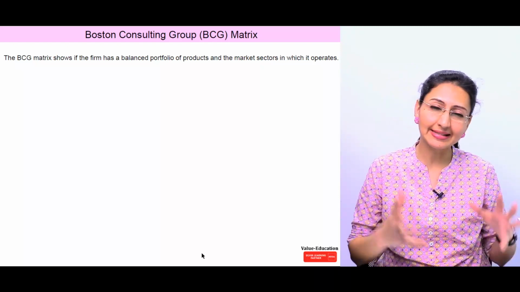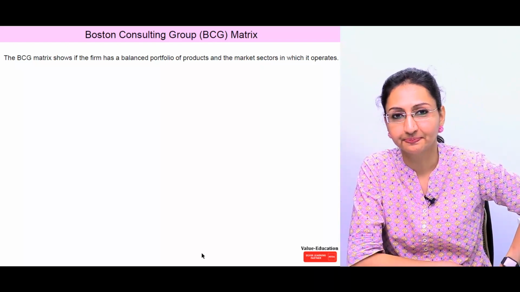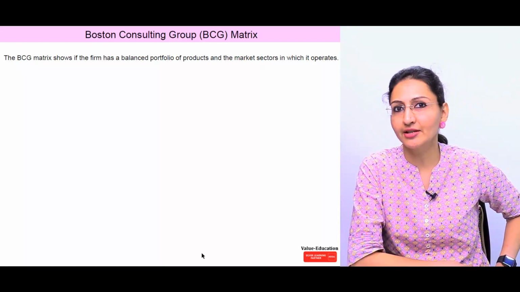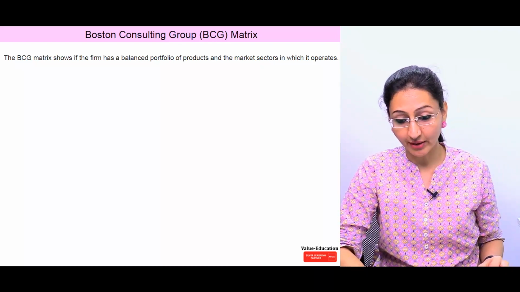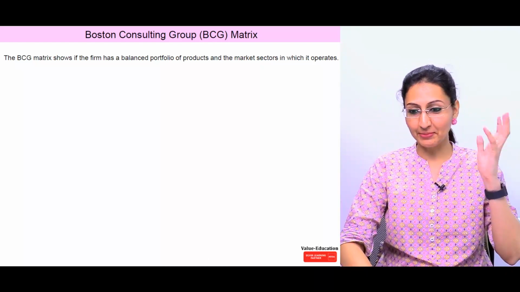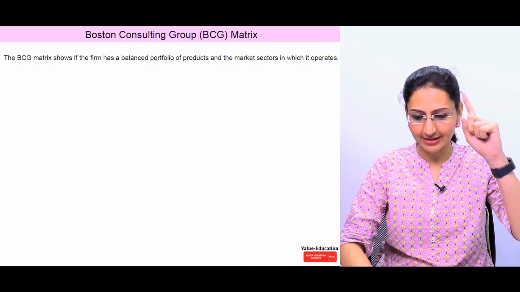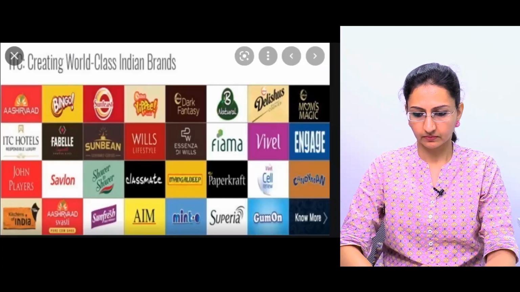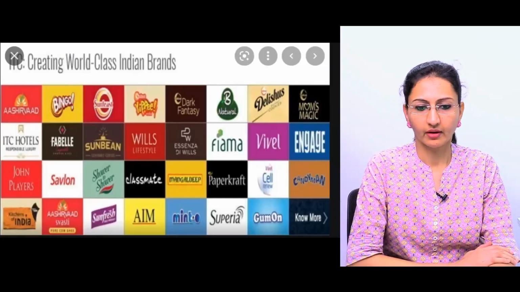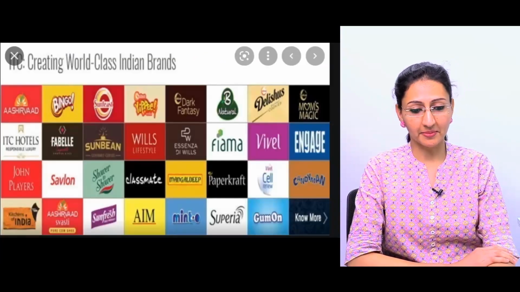That means, let's take an example of ITC Limited. ITC Limited has got a portfolio of products. Let me show you that screen so that you understand which ITC Limited I'm talking about. Just a second, I'll bring that screen in front of you. And here it comes.